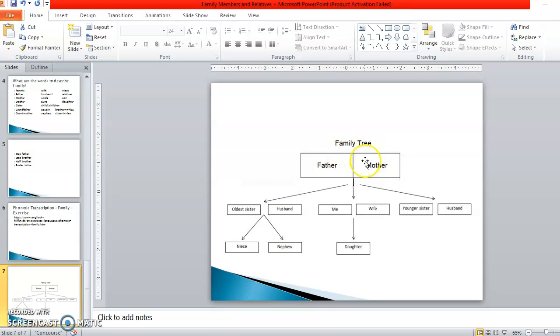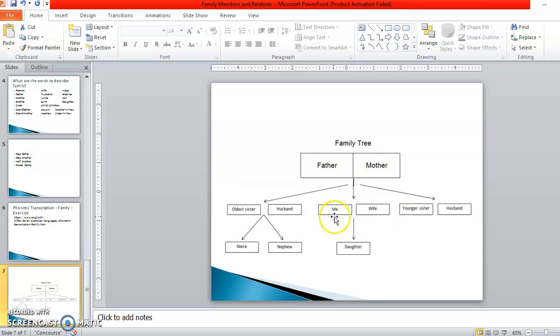And I have 2 sisters, no brother, okay? So as you can see here, my older sister is married and she got a husband and they have 2 children. So I have a niece and nephew. My older sister got 2 children, a daughter and a son.